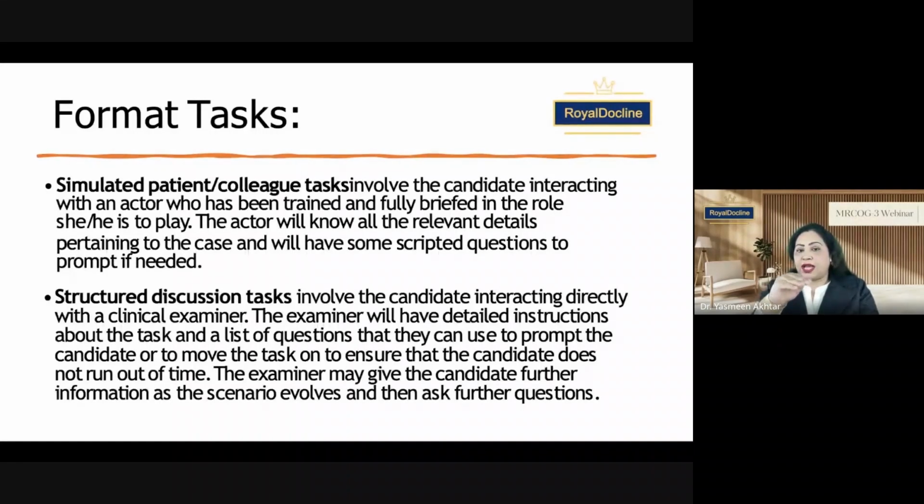You are the one who can guide the examiner at this point. If you go through this structured discussion on a daily basis with your family, even with your husband, your wife, or with your colleagues, you can go through it. Just talk. This is an area where you need to talk.